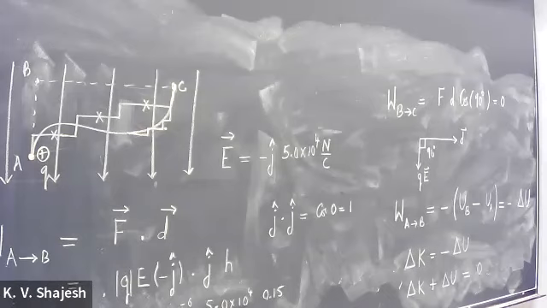We said the work done by the electric force is Q times the electric field, dotted with the distance d. Let's say the height h is in the direction of the electric field itself. So this is the parallel plate configuration we have in mind, and that's your electric field.